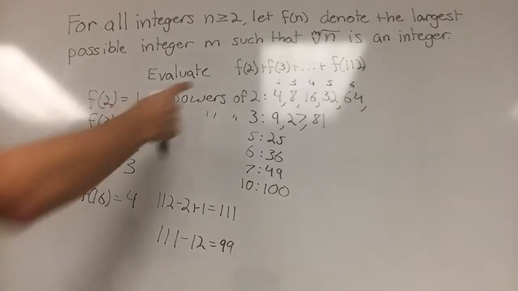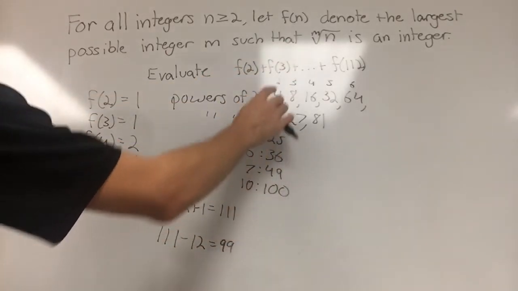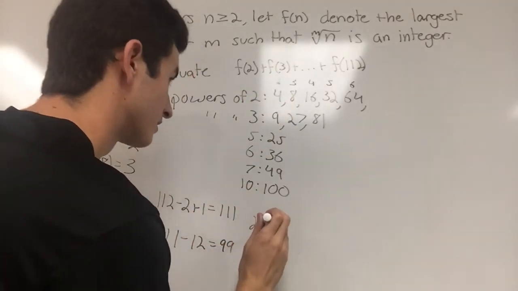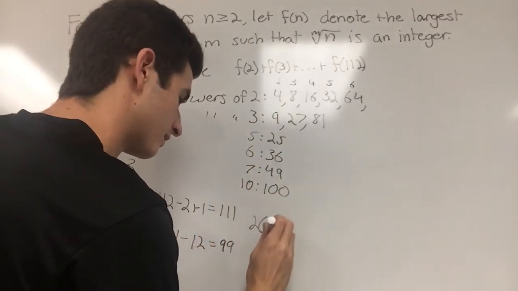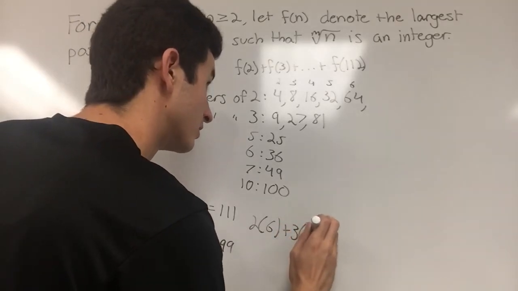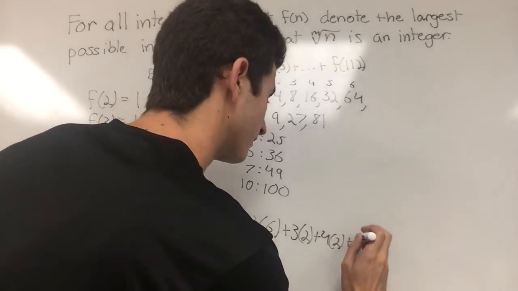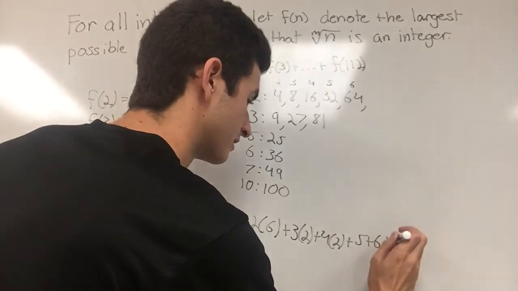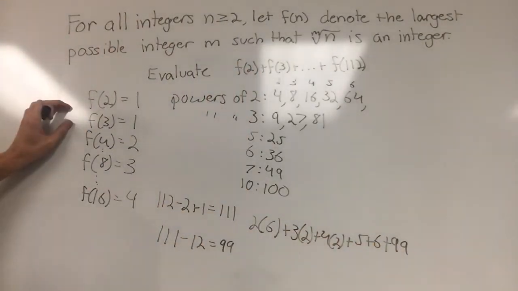So now we just have to add them all up. Every one of these values is going to be 2, so you're going to have 2 times 6, plus 3 times 2, plus 4 plus 5 plus 6, and then plus 99, because that's all the other values that give you 1.